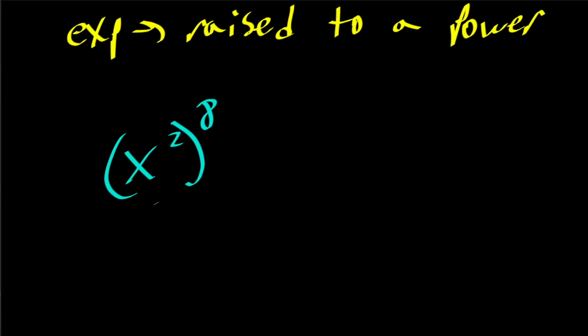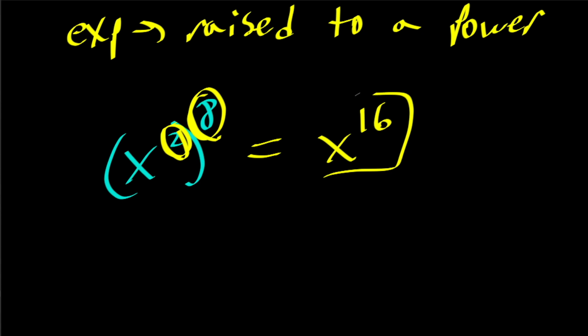So you can see that what I did is I took this x squared and we raised this exponent 2 to the power of 8. Now, when that happens, your exponent on the inside multiplies to your exponent on the outside. So this becomes x to the 16th.